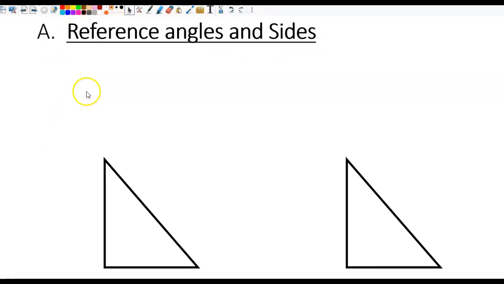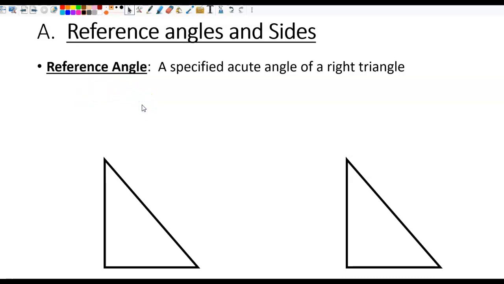First of all, let's talk about reference angles and sides. So first thing is, what is a reference angle? A reference angle is one of the acute angles of a right triangle that's specified. In other words, you have to pick one, and typically in the problems you're given, it'll be chosen for you. The way that I'm going to do it today is I'm going to tell you it's a particular angle by putting a circle there with a line through it.